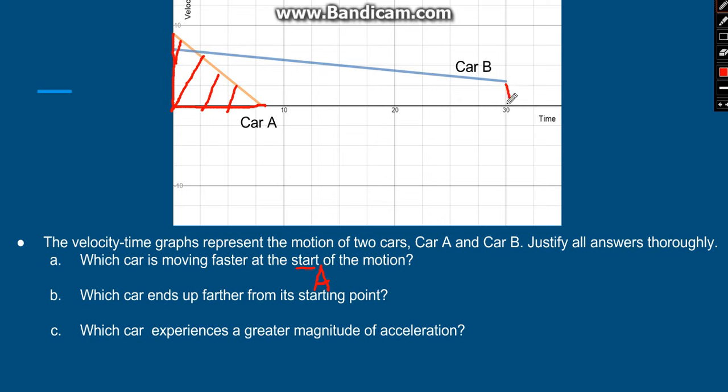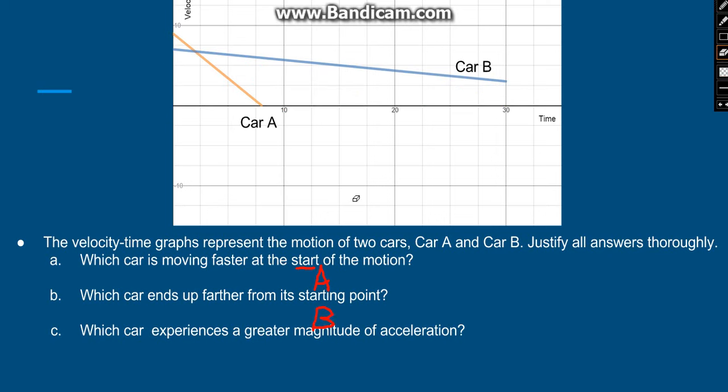For car B, this is its displacement. When we're comparing the two areas, we see that car B is a bigger trapezoid, and car A is just a small triangle. So car B clearly takes up far more area than car A. So the answer, which one ends up further, based on the displacement and the area underneath the graph, is car B.